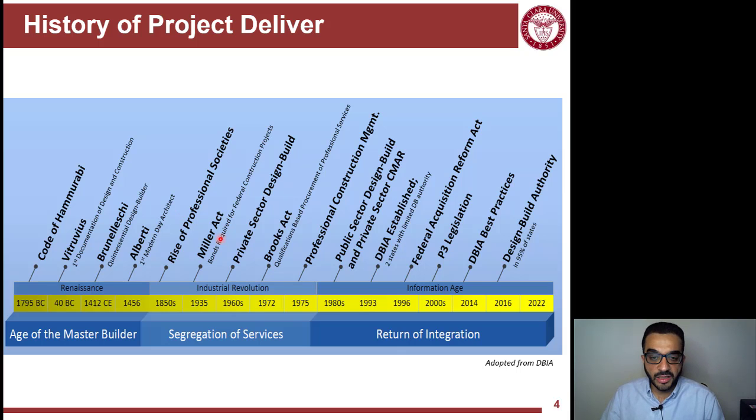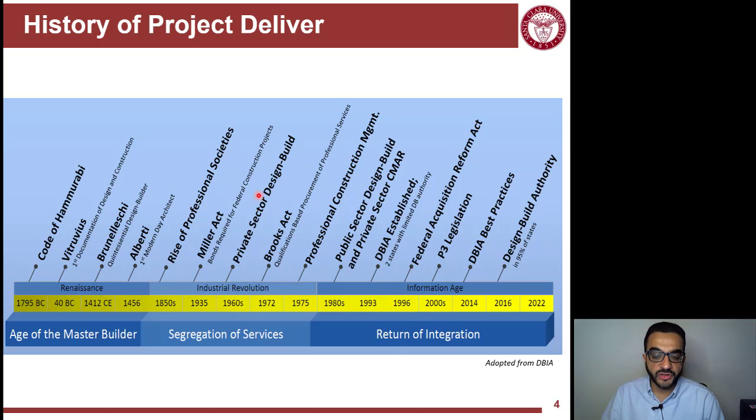Then the Miller Act is the federal act that required bonds, and we covered bonds before, which guarantee that projects will be delivered by contractors. That was trying to manage the risk for federal projects, and it structured federal and public projects in a design bid build mentality for many years.